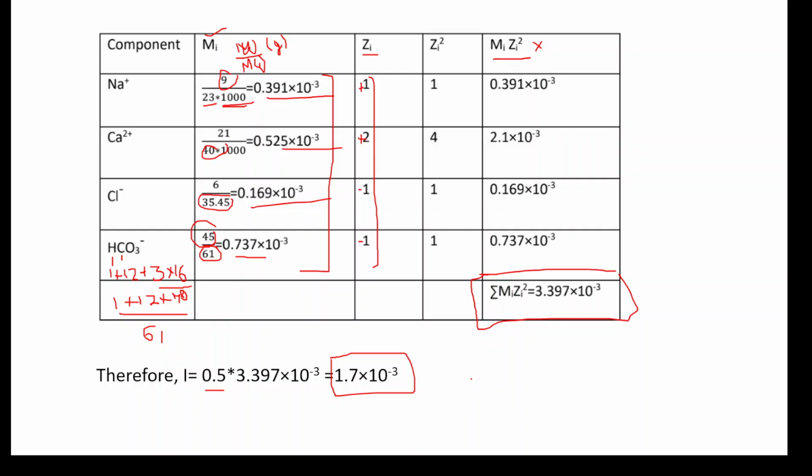So this is just one formula of ionic strength. There can be many, depending upon the situation and the total molar concentration that you have. This is the most common one.